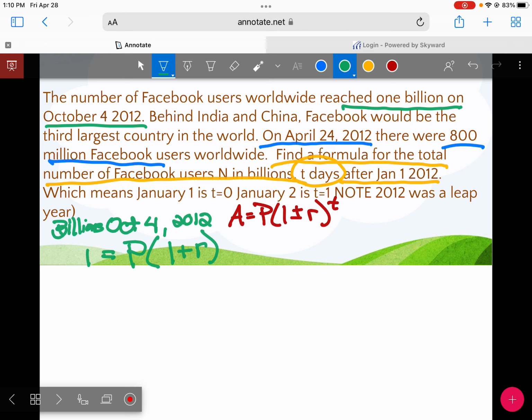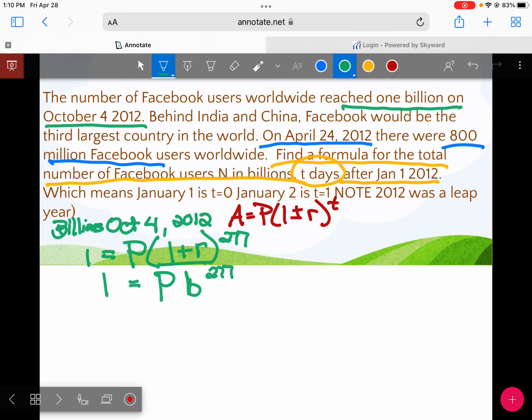So what day of the year was it, or how are we counting it? 2012. 277? Yeah. Okay. 277. Now, this is 1 plus R, but that's a little too much. So I'm going to call it B. Because if I find B, I can find R, right? So that's one less step. So 1 billion equals whatever the initial amount is times the growth factor to the 277th power.